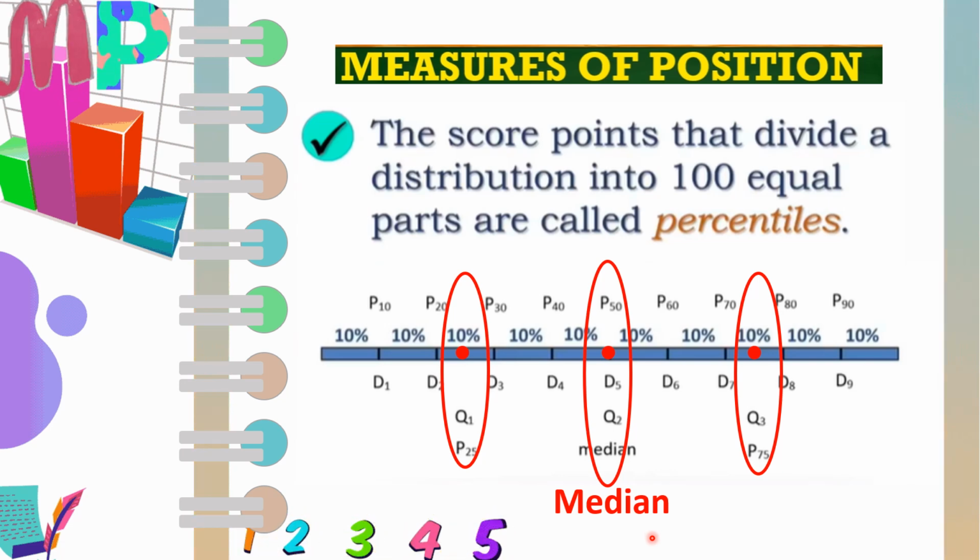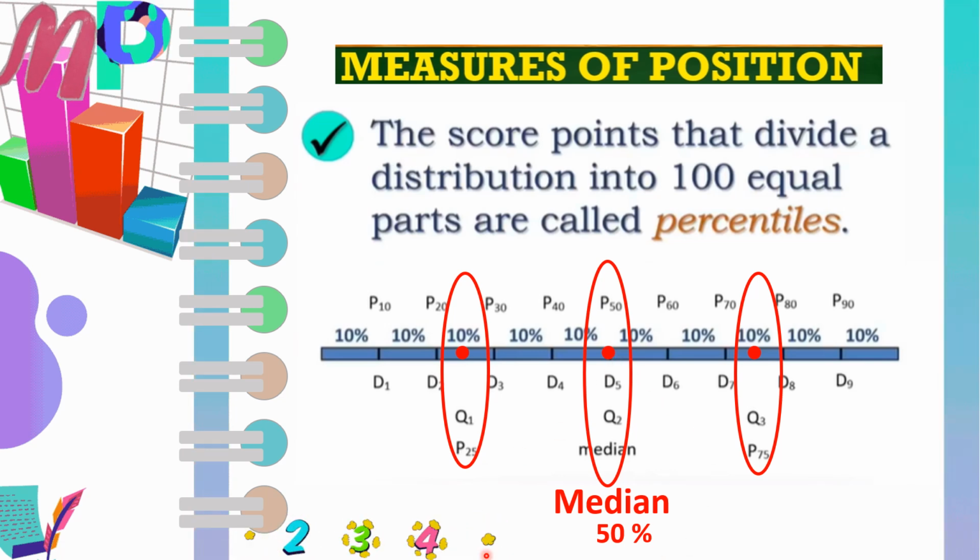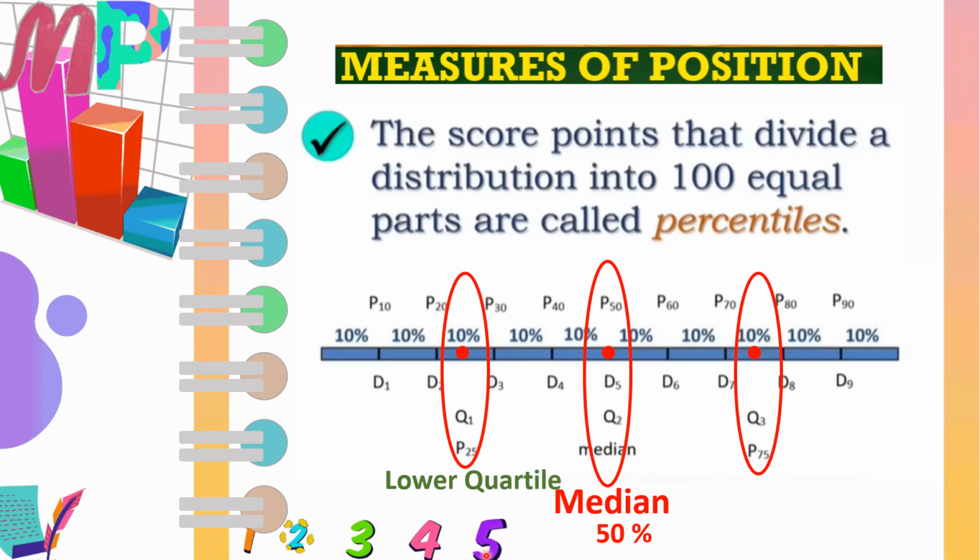Meaning to say, 50% of the distribution falls below this location. For this location, Q sub 1, known as the lower quartile, 25% or less fall below this.